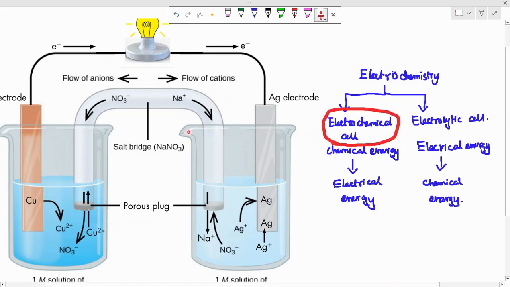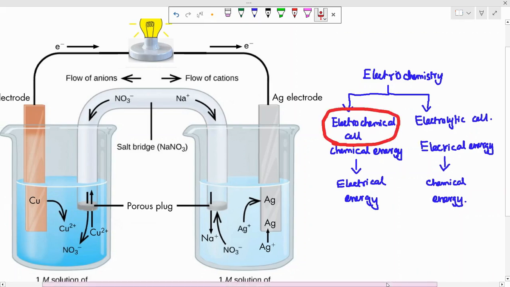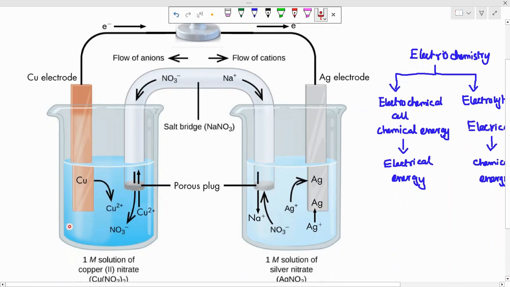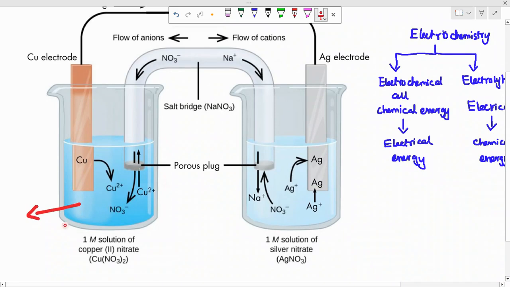This is the setup of an electrochemical cell. I will explain each and every part. Look at this. In this electrochemical cell, we have taken two parts. Here one part has copper nitrate solution. When you dissolve copper nitrate, you will get copper 2 plus ions and nitrate ions.